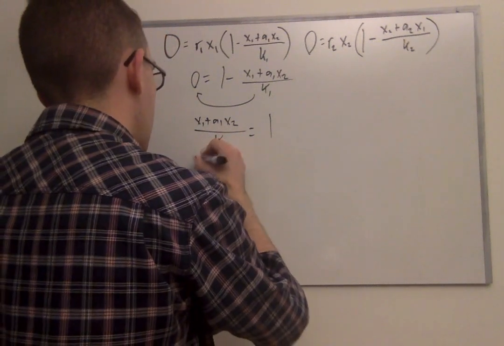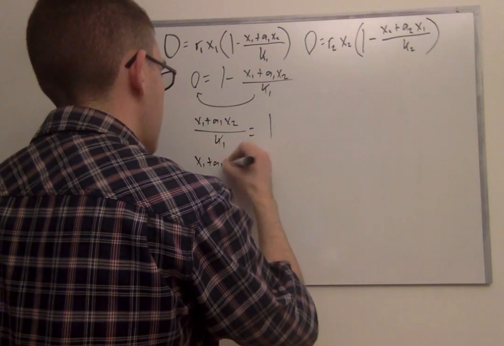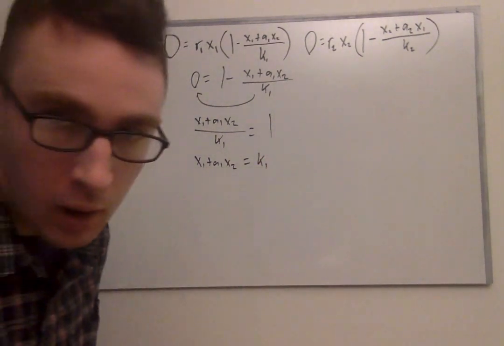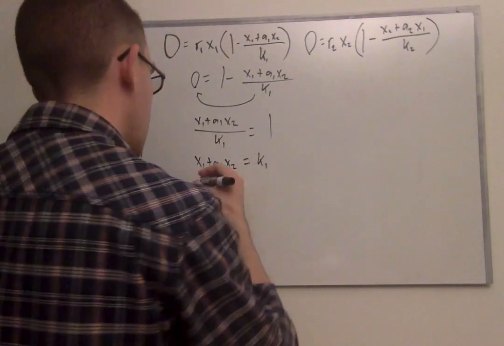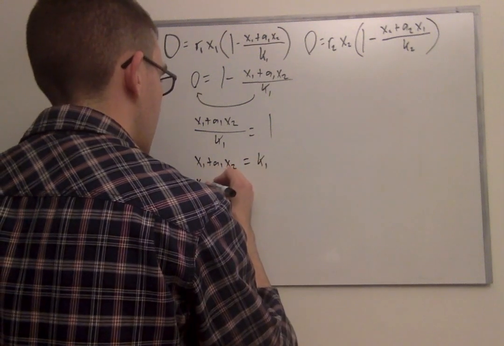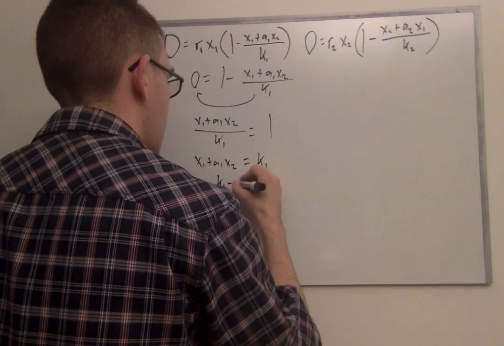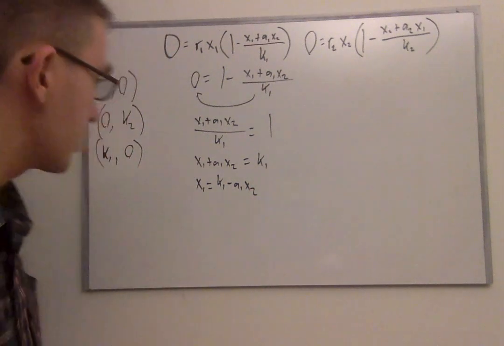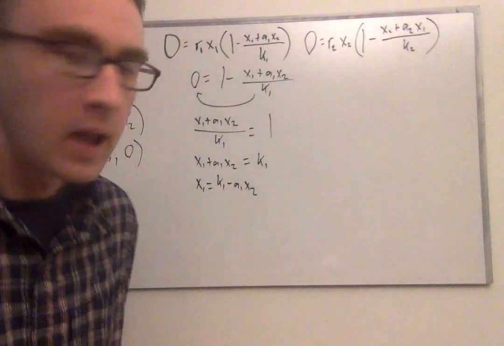So then we have x1 plus a1 x2 equals k1. And then lastly, subtract a1 times x2 from both sides. So we get x1 equals k1 minus a1 x2. And now we have an expression for x1 in terms of x2 and the constant parameters.